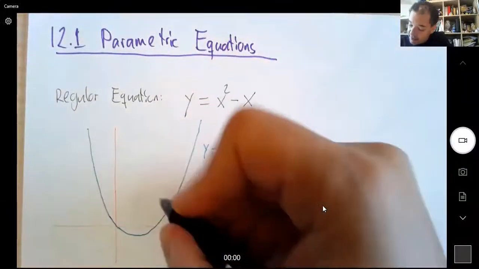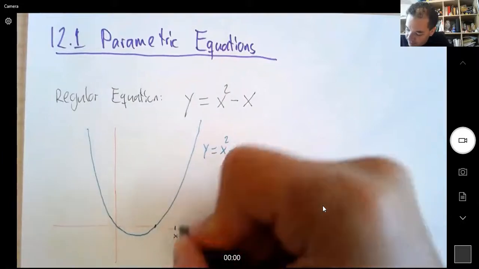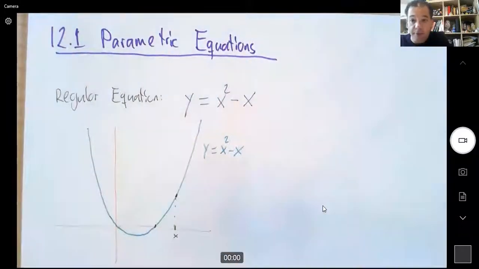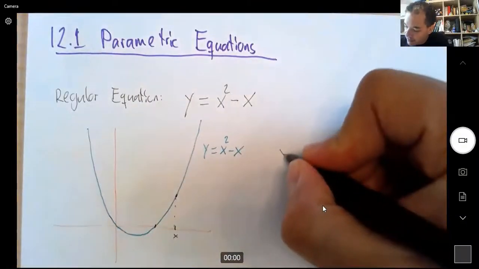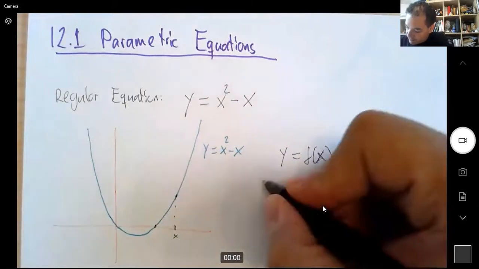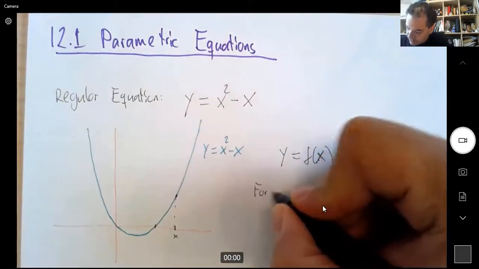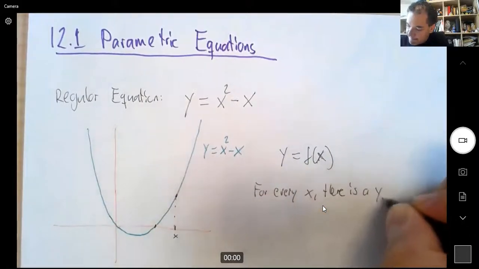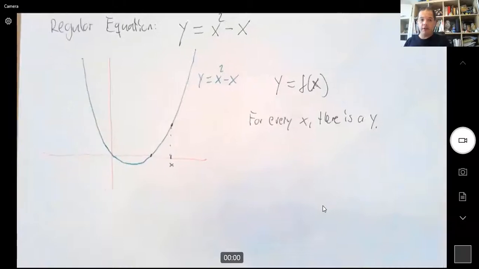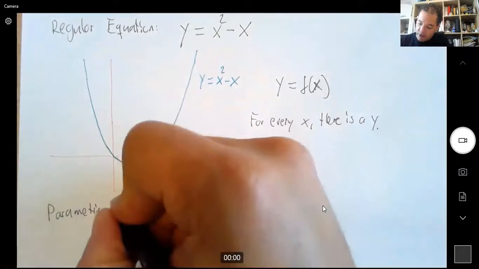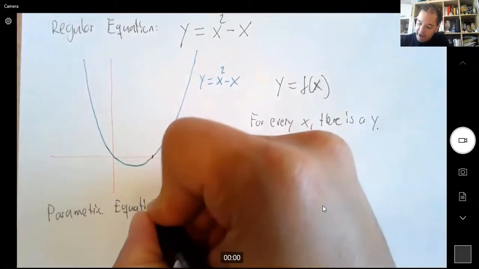The idea is that for every point here, you give me an x and I can figure out the y by using this expression. So for every x, there is a y. So we have that y is a function of x. For parametric equations, what we're going to have is the following.